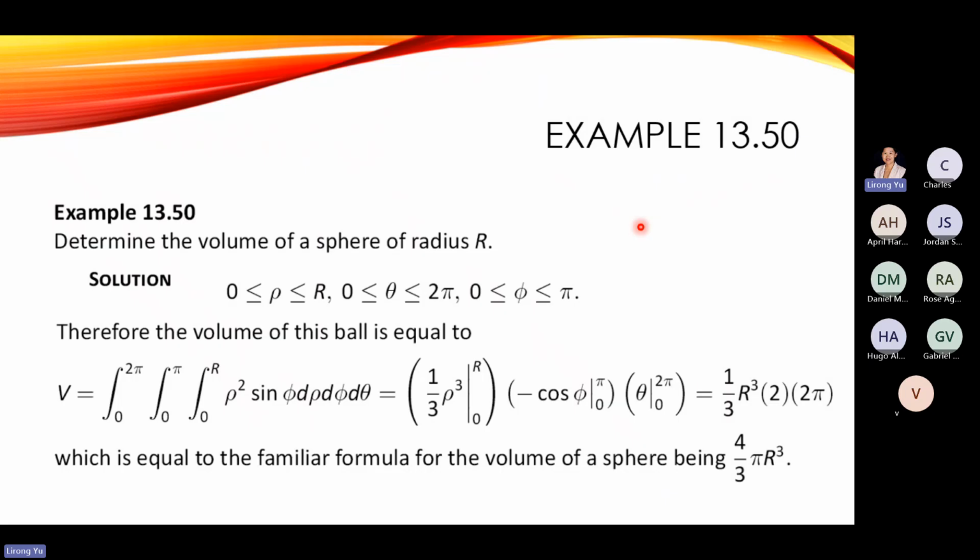Now let's see how the spherical coordinate can be applied to solve a problem. This is one of the questions that we've done before in 13.3, when we were talking about polar coordinates for volume calculation. We went through this example. We proved that the volume of a sphere is 4 pi r cubed divided by 3. So we're proving that one more time with a much easier method.